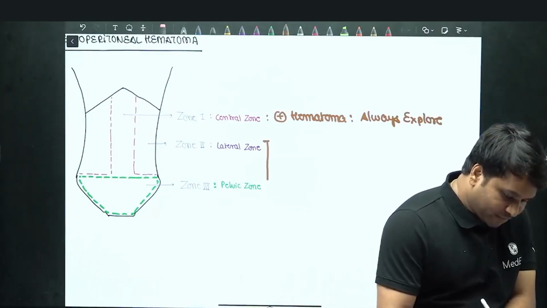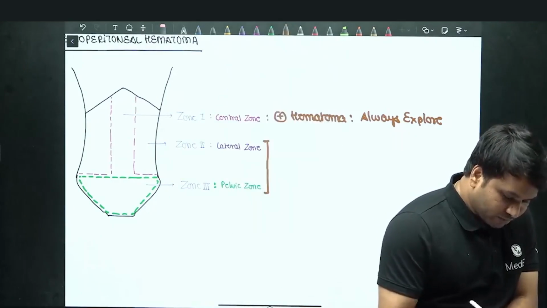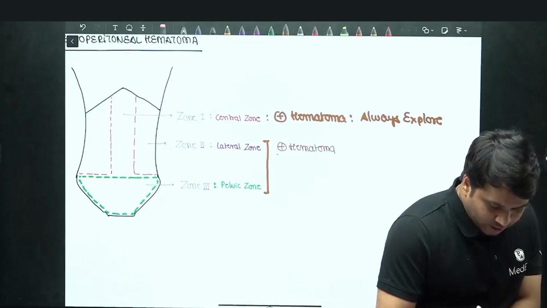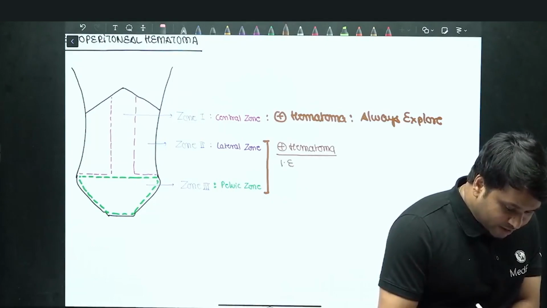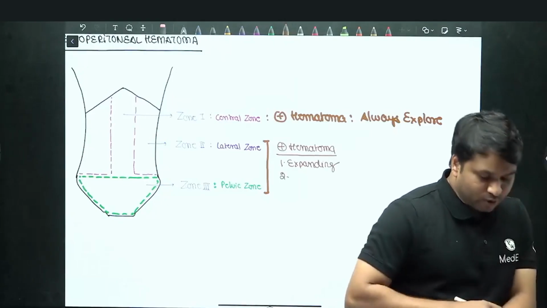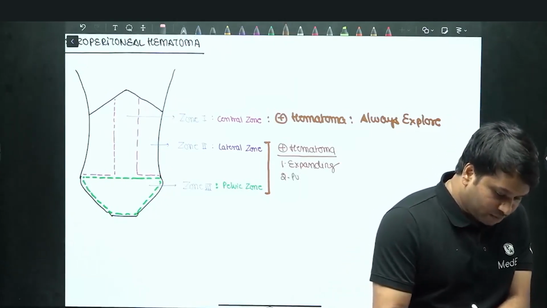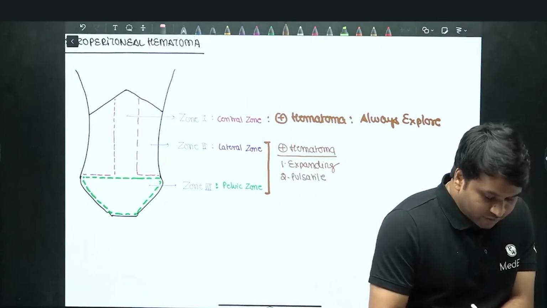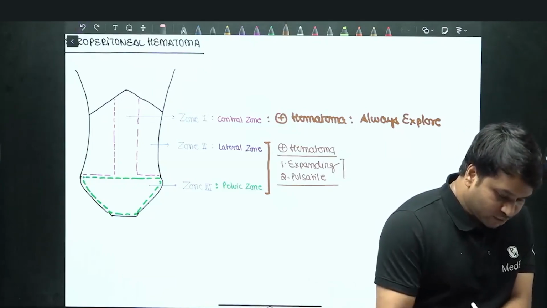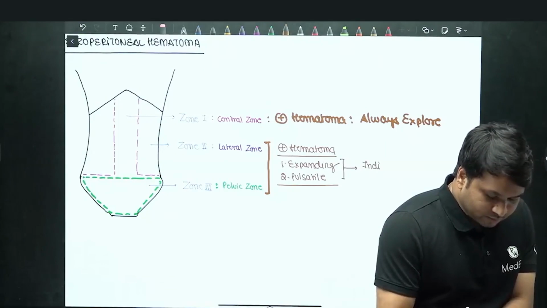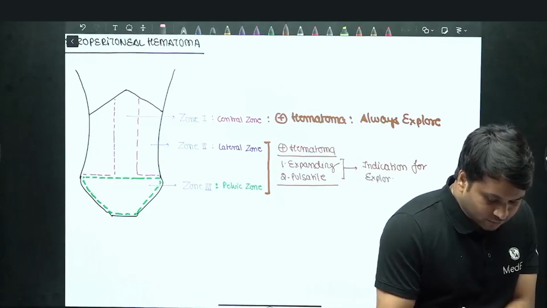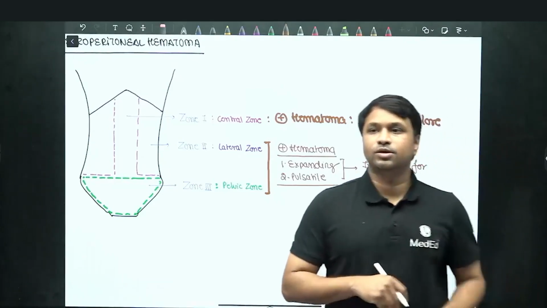Whereas if there is presence of hematoma in zone 2 and zone 3, and if this hematoma is either expanding or pulsatile, this is the indication for exploration, or else you can leave it. Okay?